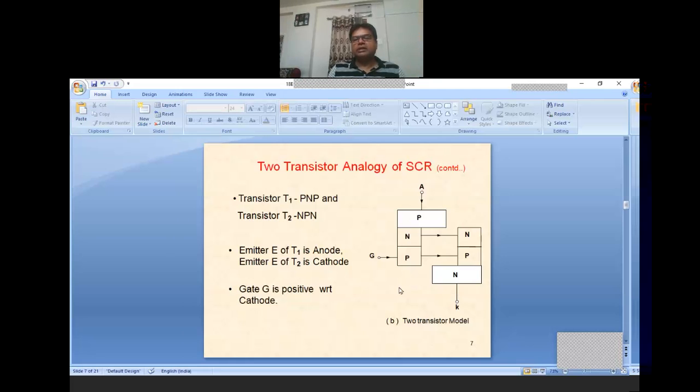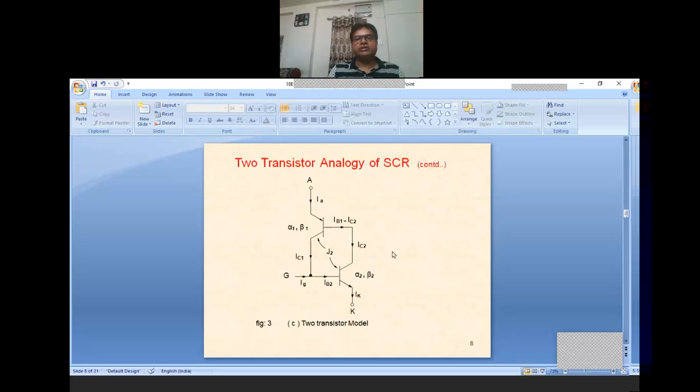The same thing when drawn with the equivalent electronic circuit is like this, where transistor T1 made up of PNP transistor is connected like this.